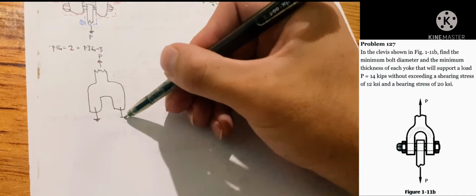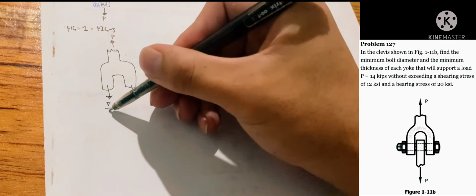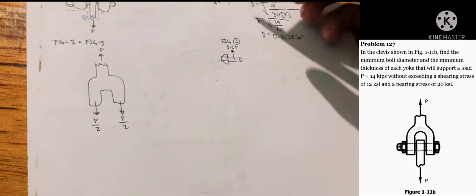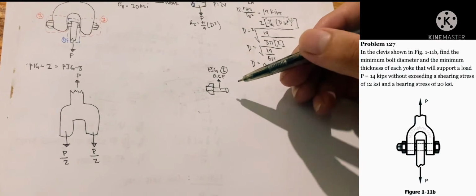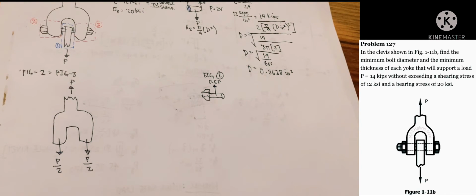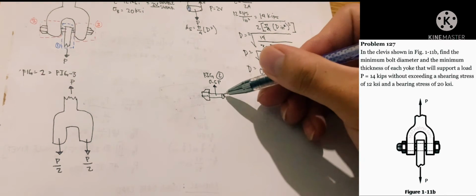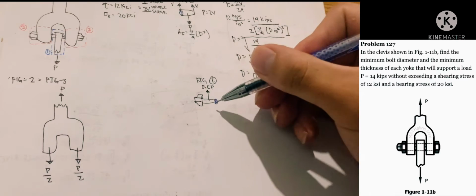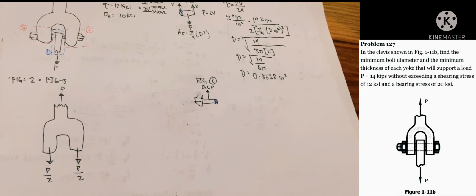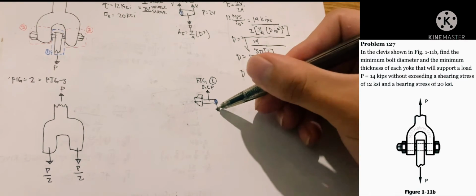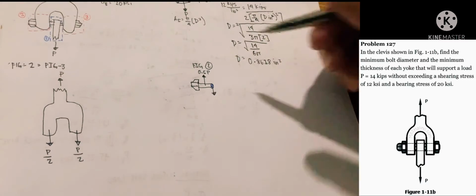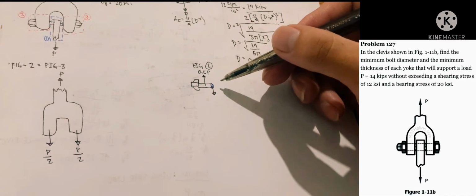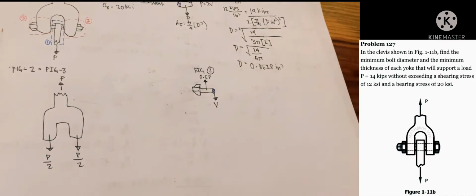That our P was divided. So we have here, that is why at one of our bolt there will be only 0.5 P. So that is our V.